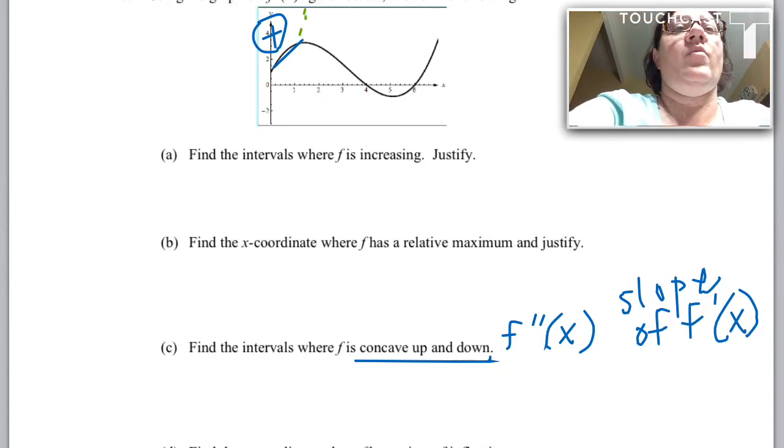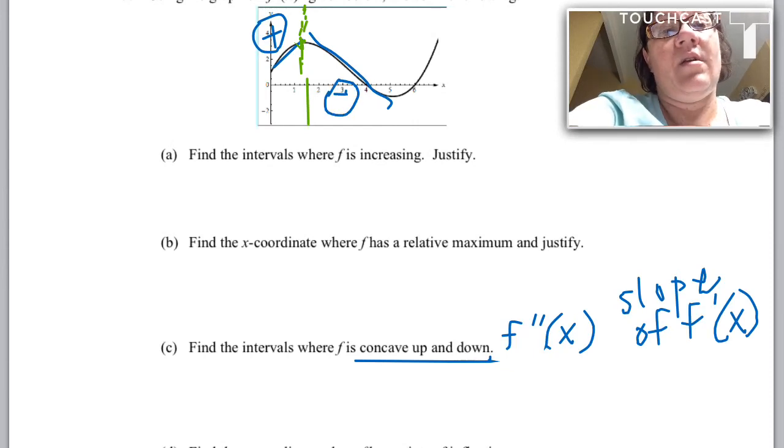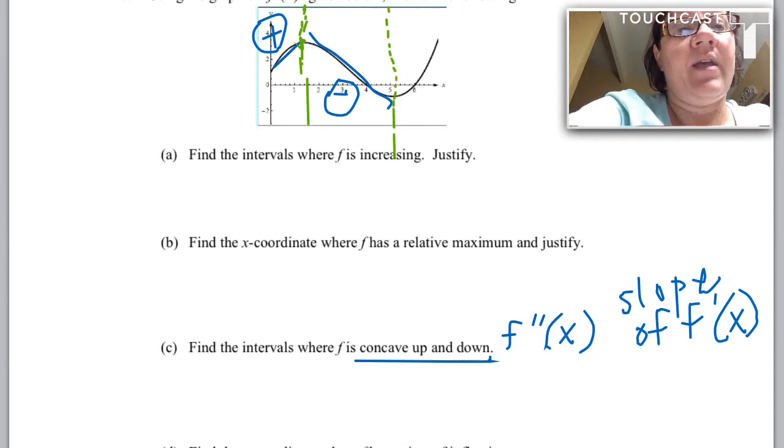I guess that's like 1.5, right? I get a maximum. And then the slope is negative, and it's negative all the way until I hit that other turning point, which means I'd have a minimum, right? And then the slope gets positive again. All the slopes are positive.